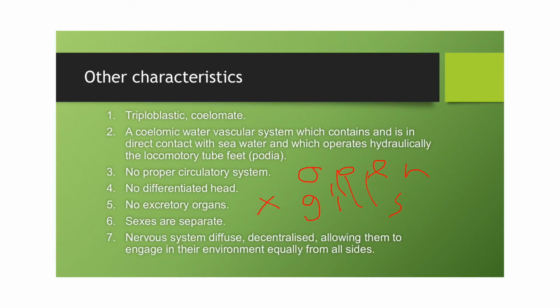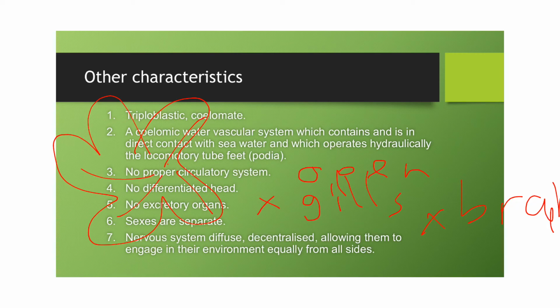They don't have a brain, but their nervous system is diffuse and all over the place. So it's not centralized, so that they can respond to pressure or other stimuli equally from all sides of their body or their arms.